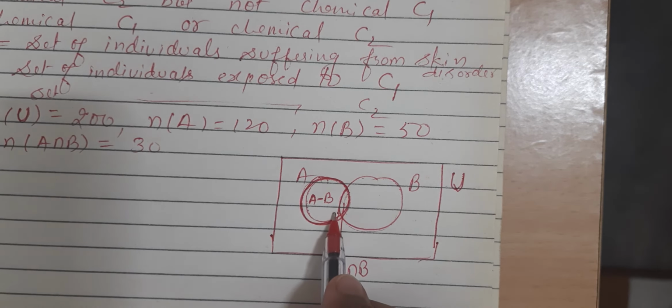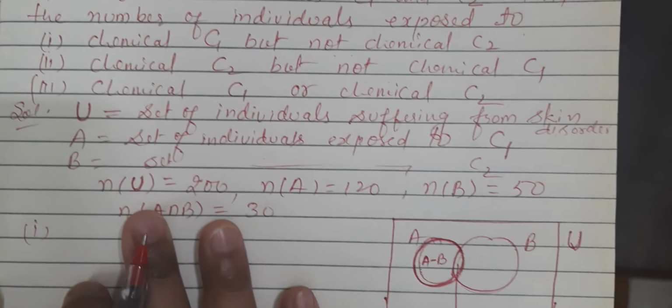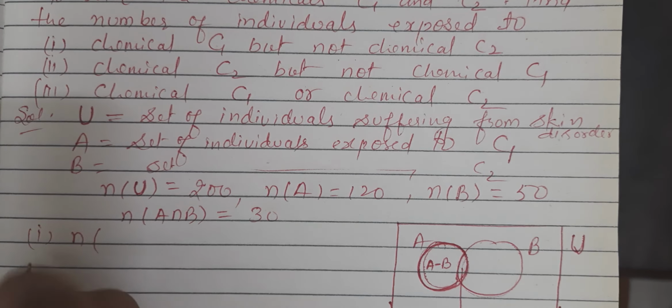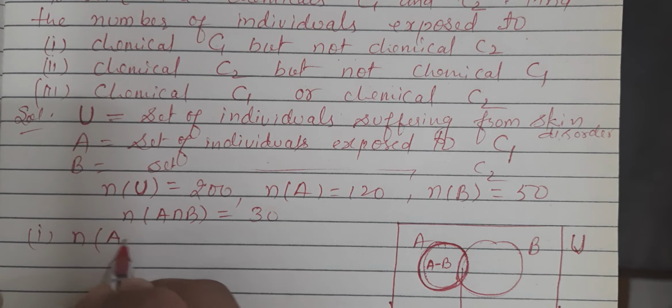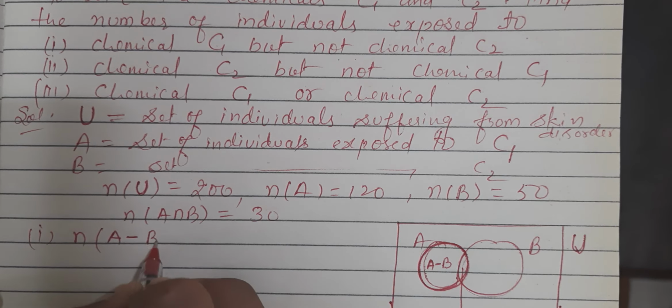So we have to find the number of individuals exposed to C1 but not C2.